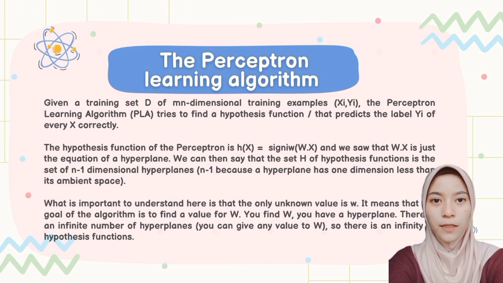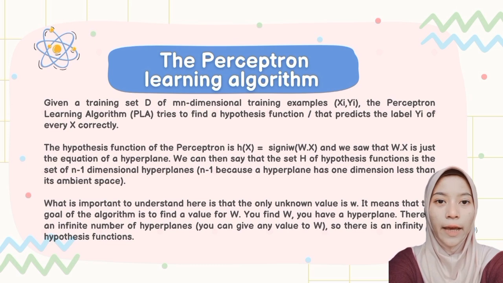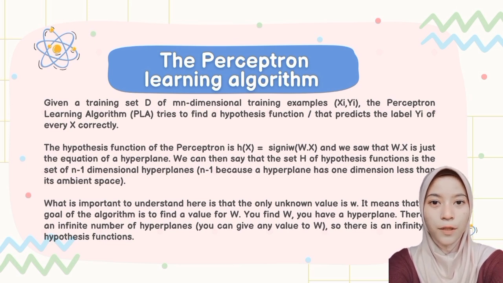The perceptron learning algorithm: given a training set D of n-dimensional training examples (xi, yi), the perceptron learning algorithm, or PLA, tries to find a hypothesis function that predicts the label yi of every x correctly.